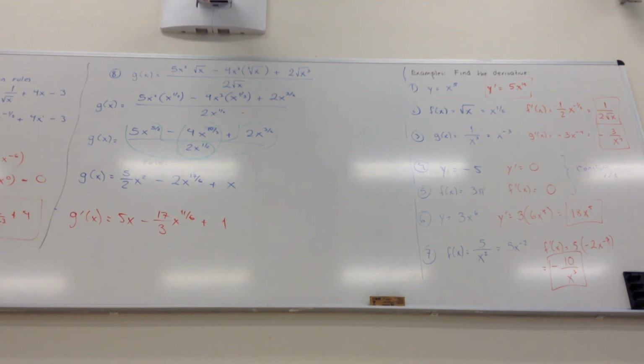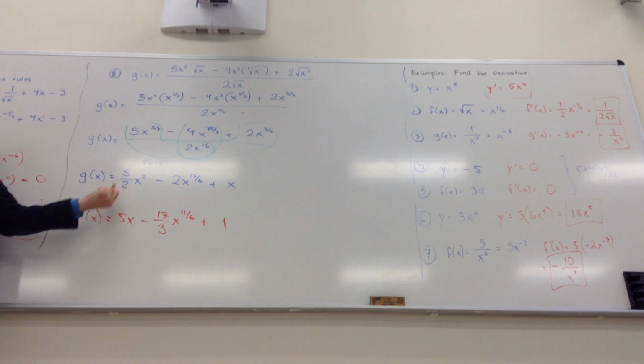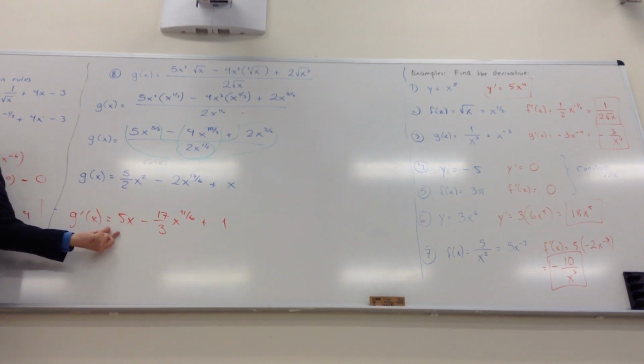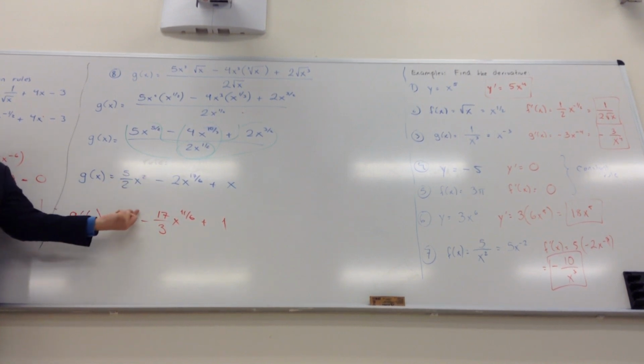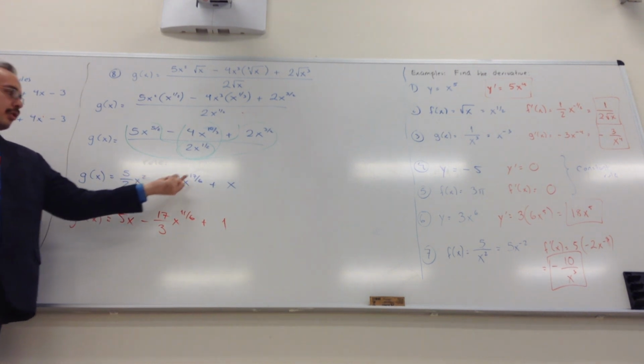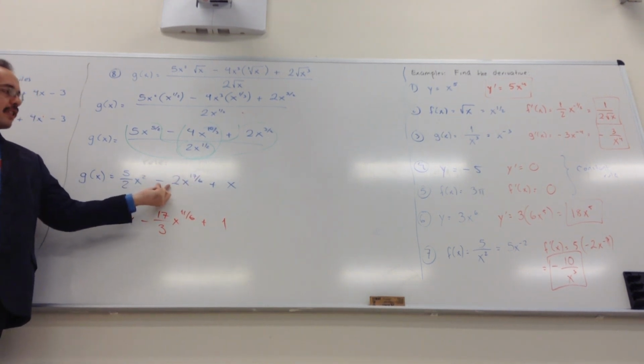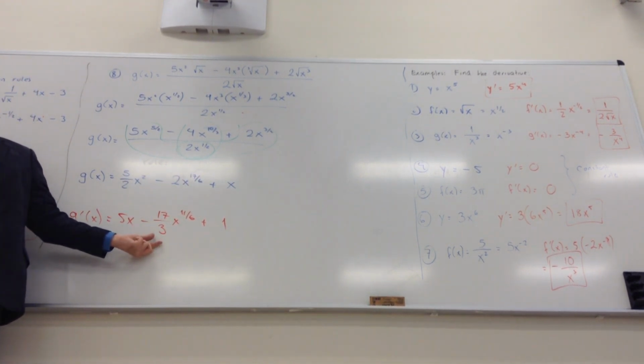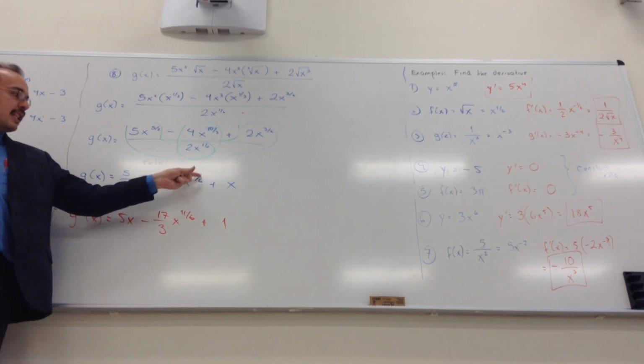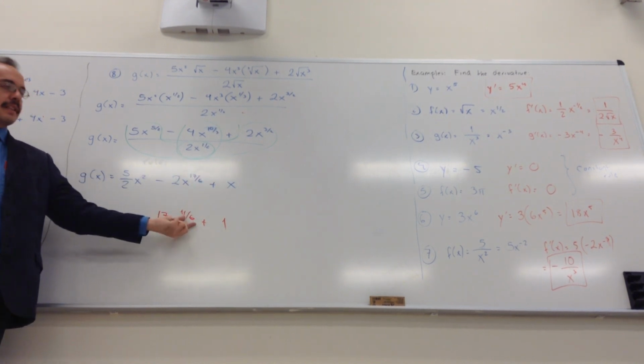Why? I just skipped one step. Which step? This one. What did I do? The 2 multiplies the 5 halves, the answer is 5. X to the 2 minus 1 is 1. 2 times 17/6 is 34/6, which is 17 thirds. X to the, this minus 6 over 6, 11/6.